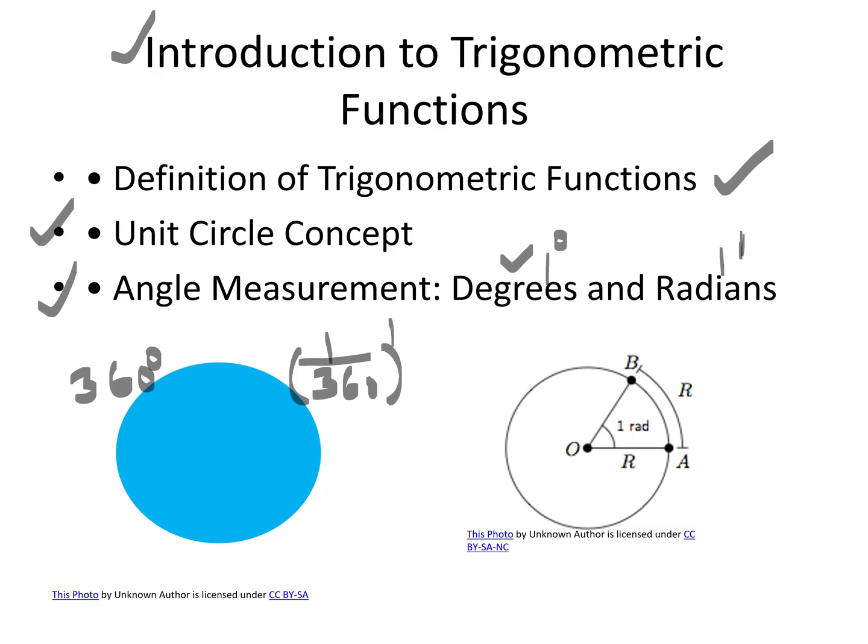Suppose if I take 90 degrees and divide it into 90 equal parts, each one is called 1 degree. This is the basic measurement in trigonometry. Most of the time we go with degrees only.